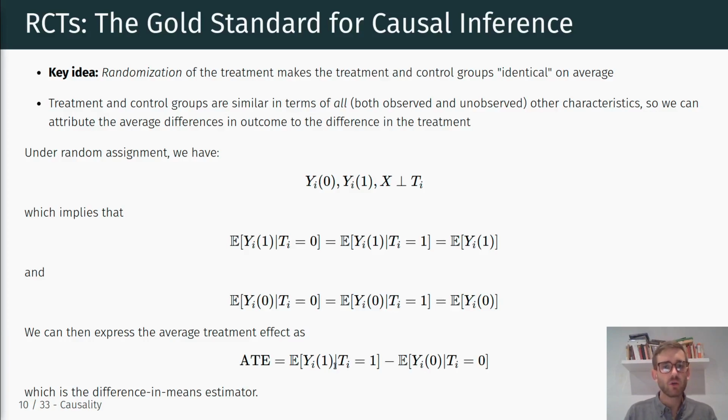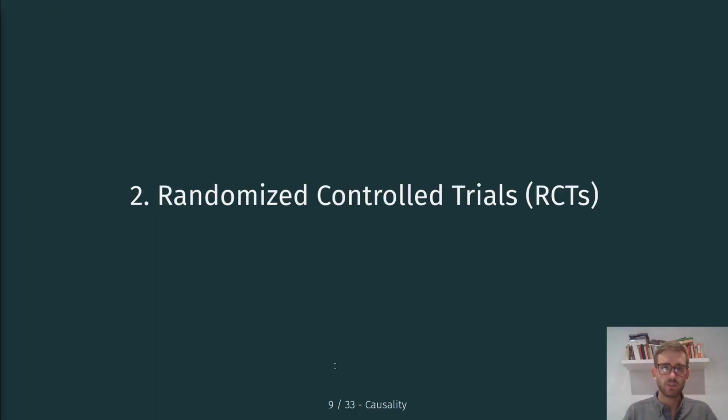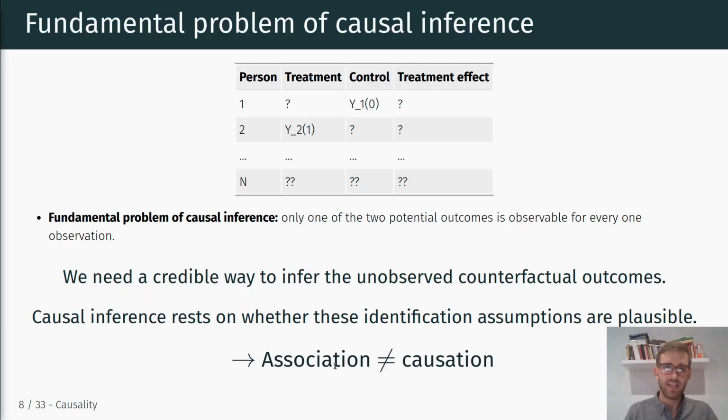Okay, so if you try to wrap your head around what is going on in these equations, ultimately, I want to go back to the table from the previous video, where we talked about the fundamental problem of causal inference, and where we basically said there are a lot of unobserved potential outcomes, a lot of question marks.